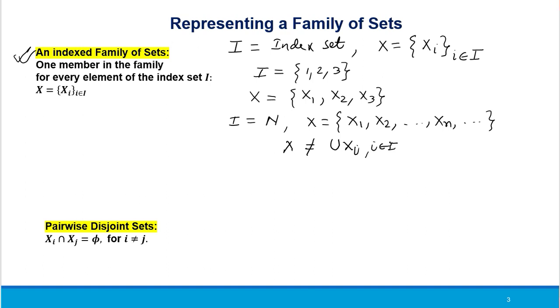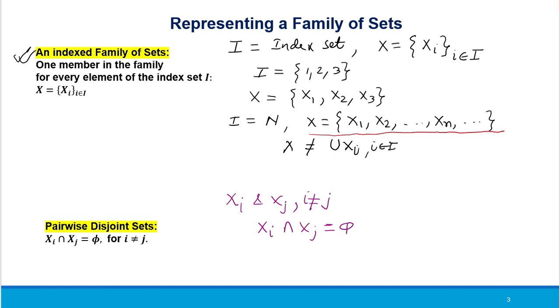Now, if we have a family of sets like this, and we take any two different elements Xi and Xj, i not equal to j, so we have a pair of different sets, and the intersection of these two sets is phi.